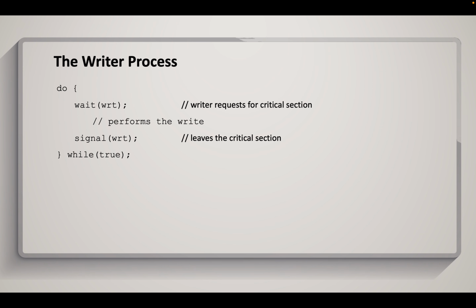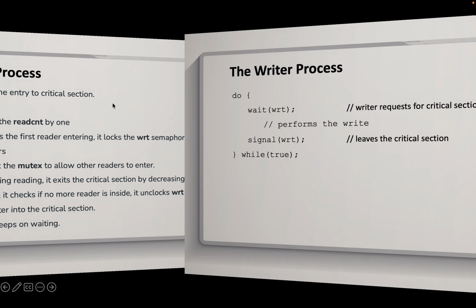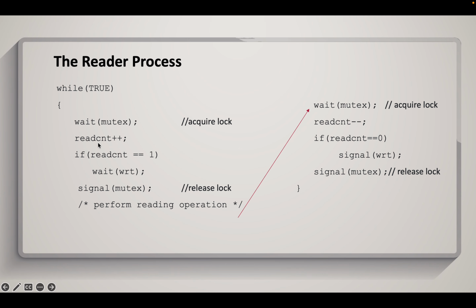And here you see the writer process uses the write semaphore between the reader and writer. This semaphore acts as a synchronization semaphore between the reader and writer. For the reader process, you see mutex acquires the lock.